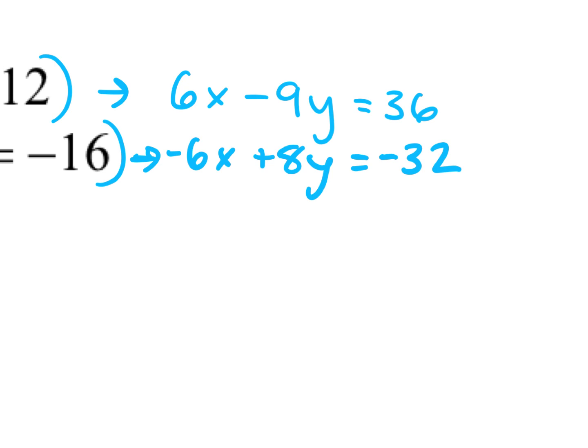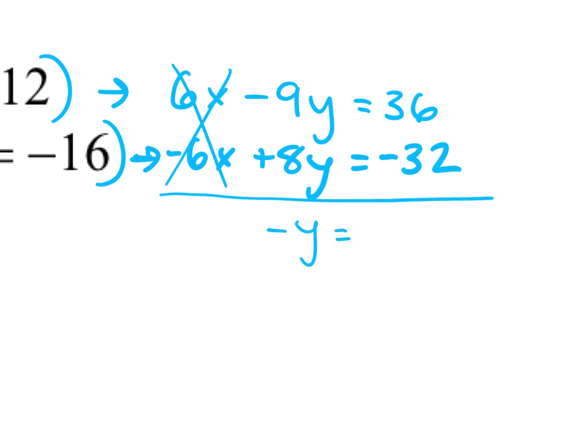Do the x's cancel now? Yes, we have a 6x and a negative 6x. They cancel. Remember, they have to be the same number but opposite signs. What is negative 9y plus 8y? Negative y, perfect.